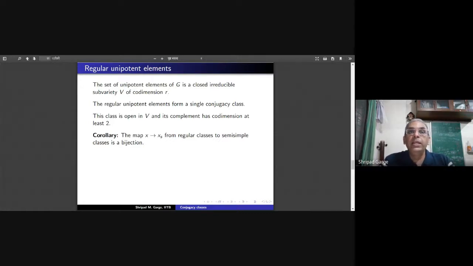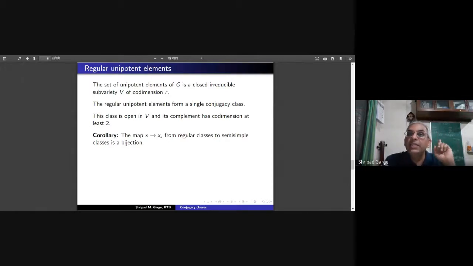If you are looking at unipotent elements alone, then it's a closed irreducible subvariety, capital V, of G of codimension r. You collect all unipotent elements in G. This is a very large subvariety.